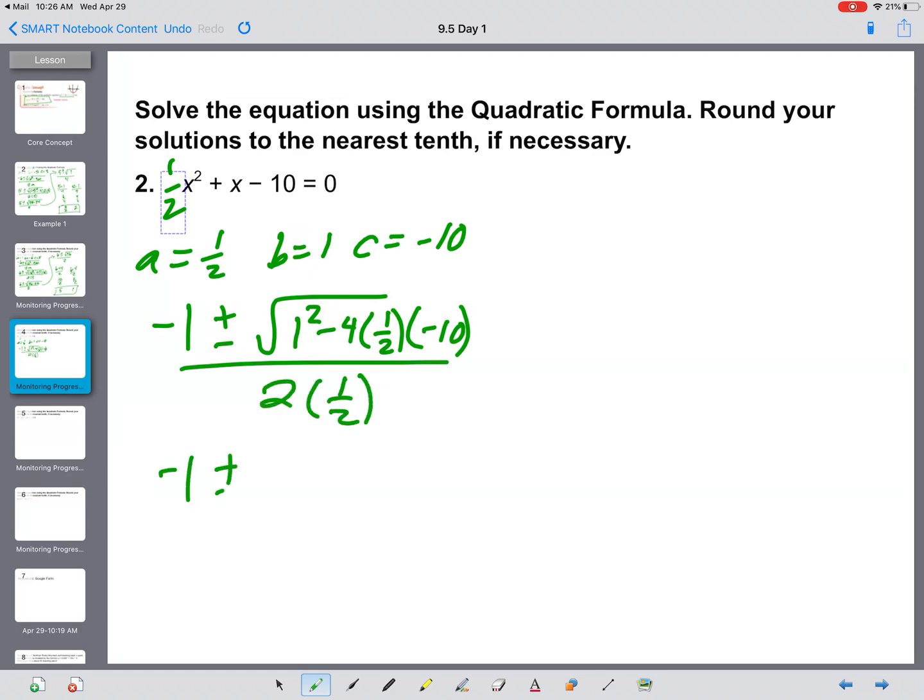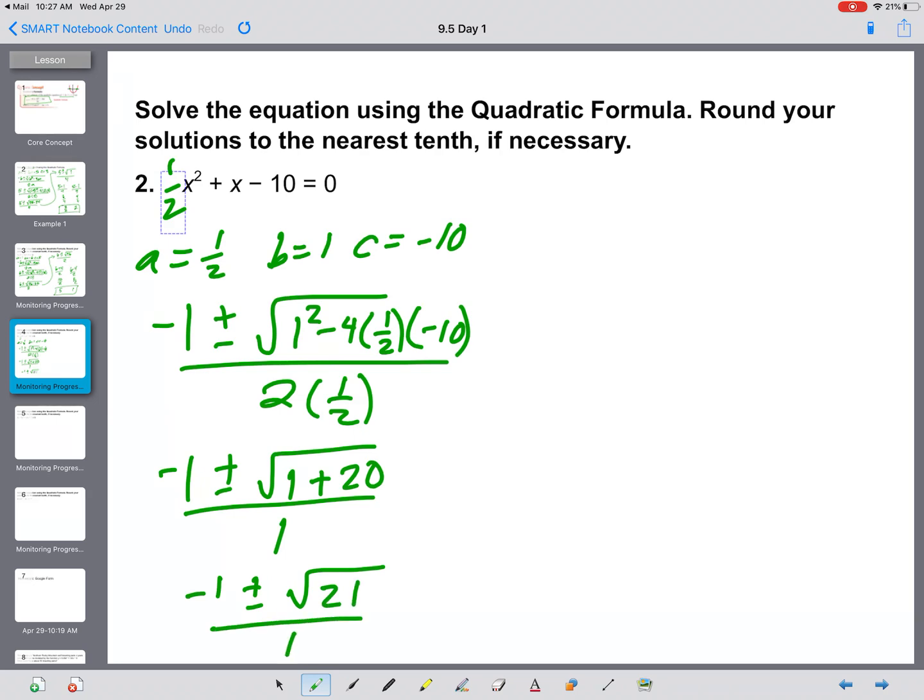So that gives me negative 1 plus or minus 1. That's going to become plus 20 all over 1. So it's negative 1 plus or minus square root of 21 over 1. And I don't even need this over 1 because when I divide by 1, I'm left with the same thing.